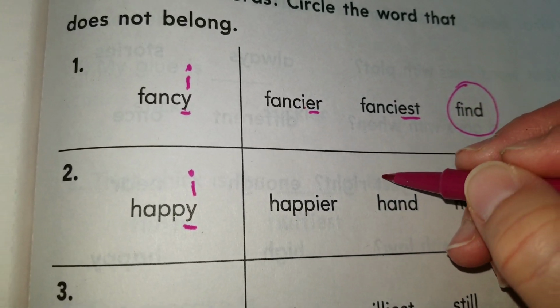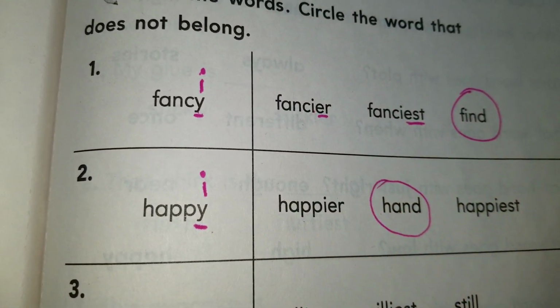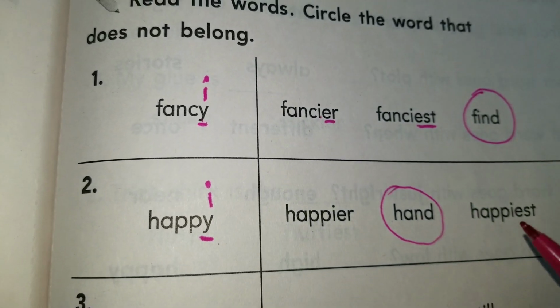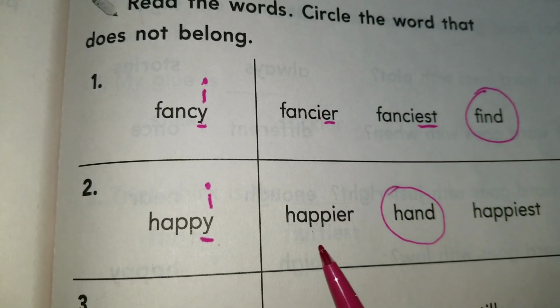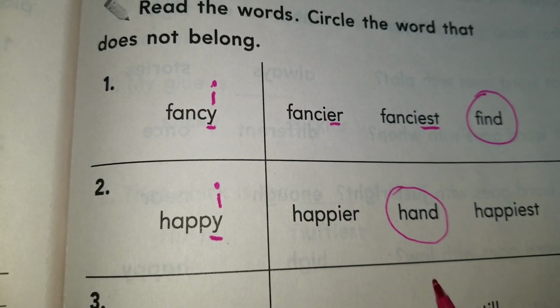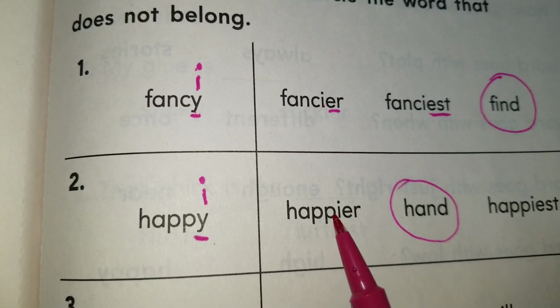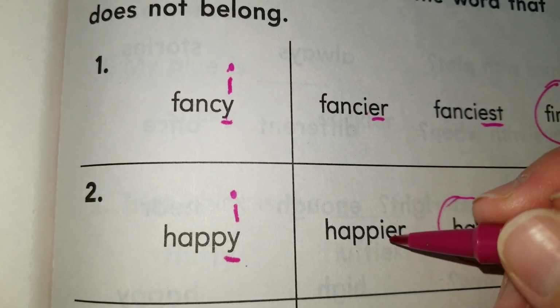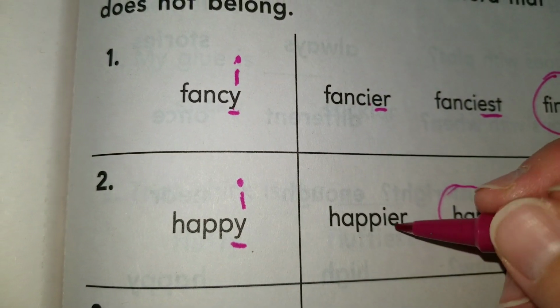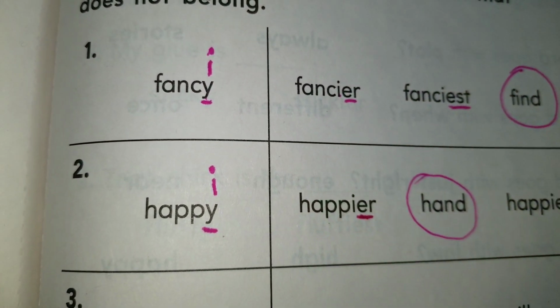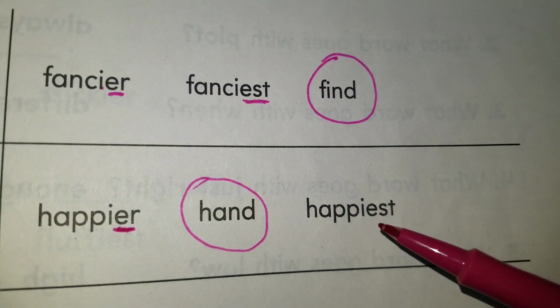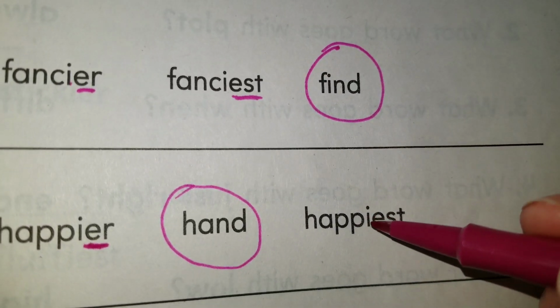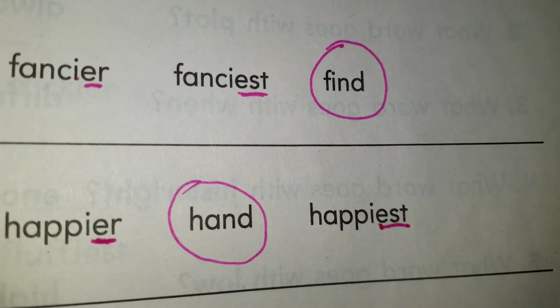You're right, it's hand. Hand doesn't belong there because hand is a noun, not an adjective, and it doesn't have ER or EST added. So we have happier. You see? They replaced the Y with the I and they added ER. Happiest. They replaced the Y with the I and added EST.